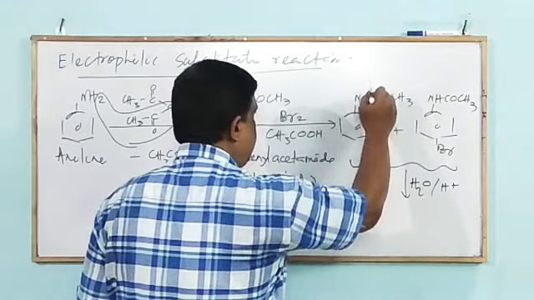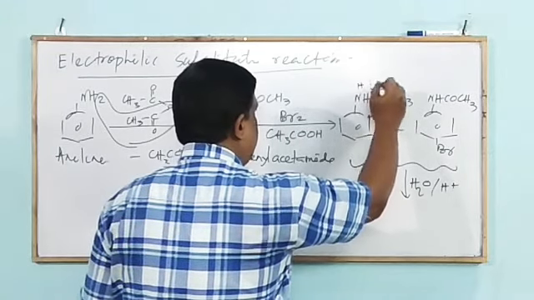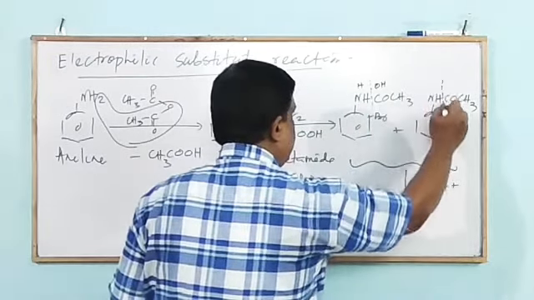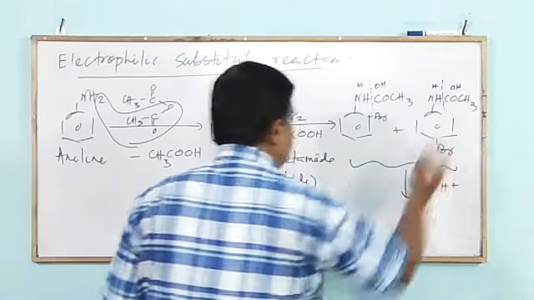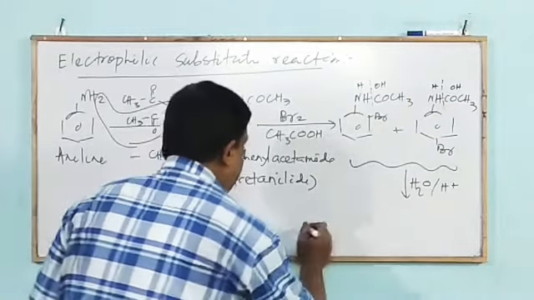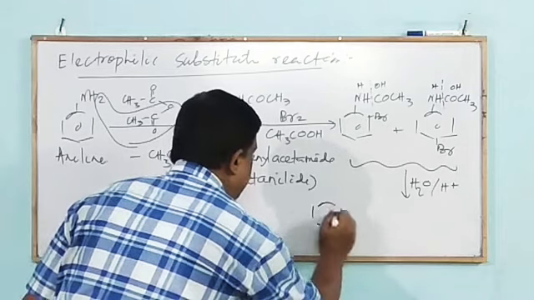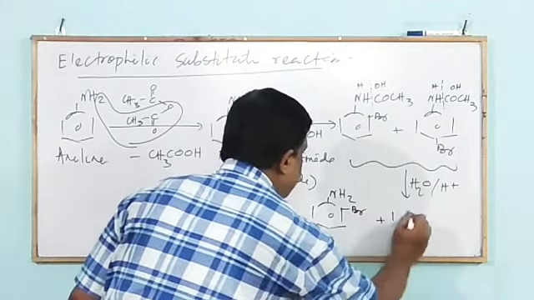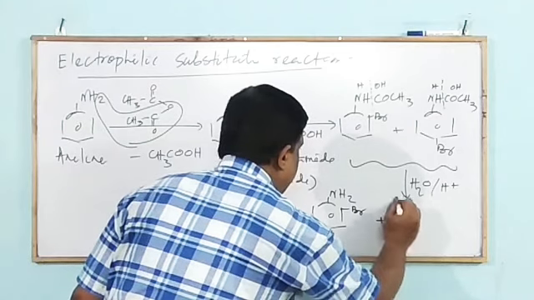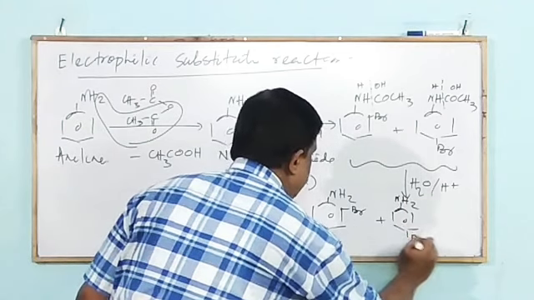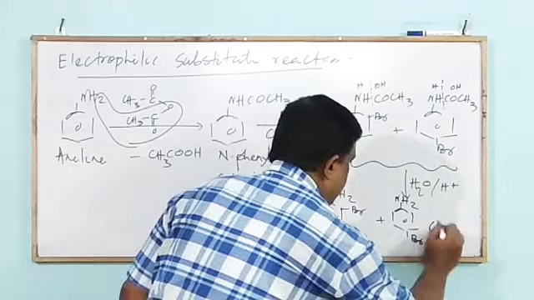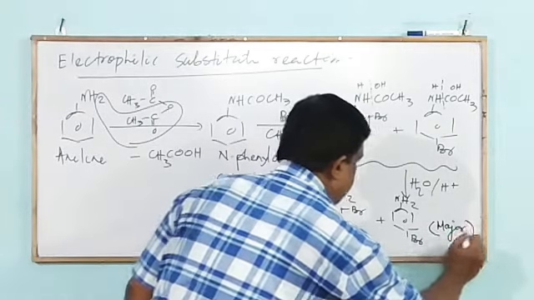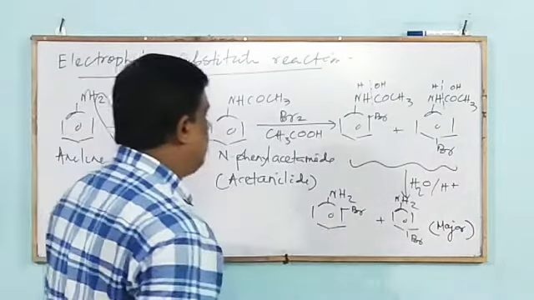Mark that. Here H, here OH, H, OH. Remove as acetic acid. What is the product? Mark that. NH2 o isomer and NH2 p isomer. The para isomer is the major product and the ortho isomer is the minor product.